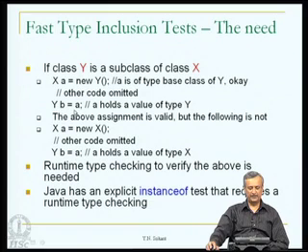Then we can also say Y b equal to a. So, we are declaring another variable b of type Y and assigning the value a to it, which is fine. It is fine because a holds a value of type Y, since a was pointing to some object of type Y. These two assignments are perfectly valid, but the following assignment is not valid. Suppose we declare a variable a of type X and assign it an object of type X, but then we declare another variable b of type Y and assign a.